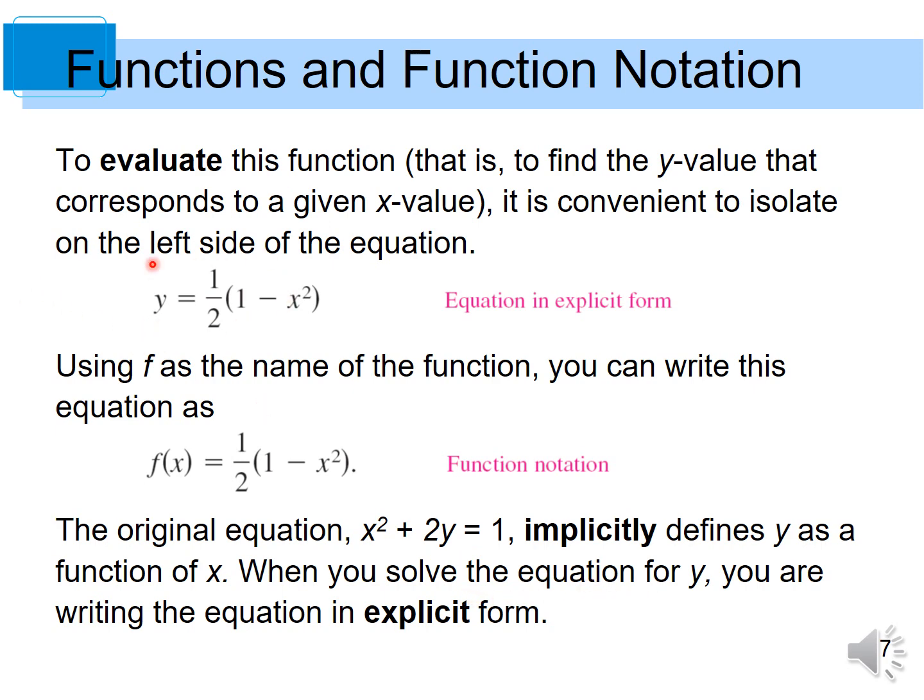You just rearrange the variables: you move the x squared to the right side, and then you move the constant to the right side. Then you obtain the y equation. So this equation we call explicit form. After you obtain the explicit form, you change the y to fx. So we obtain function notation.